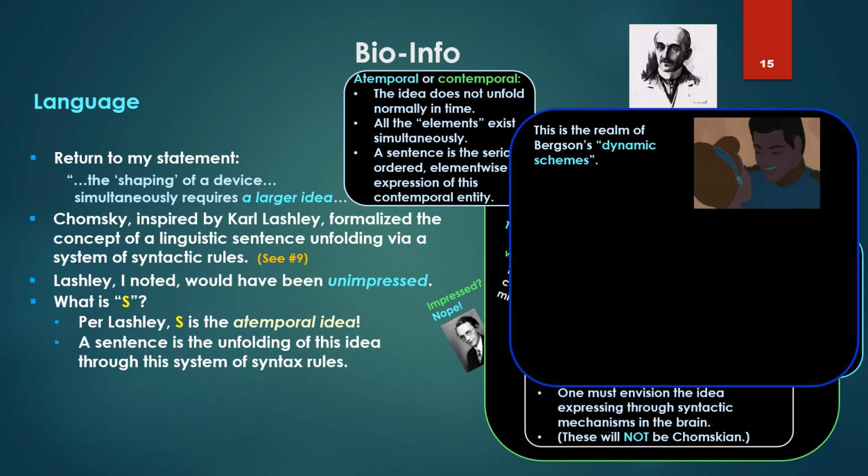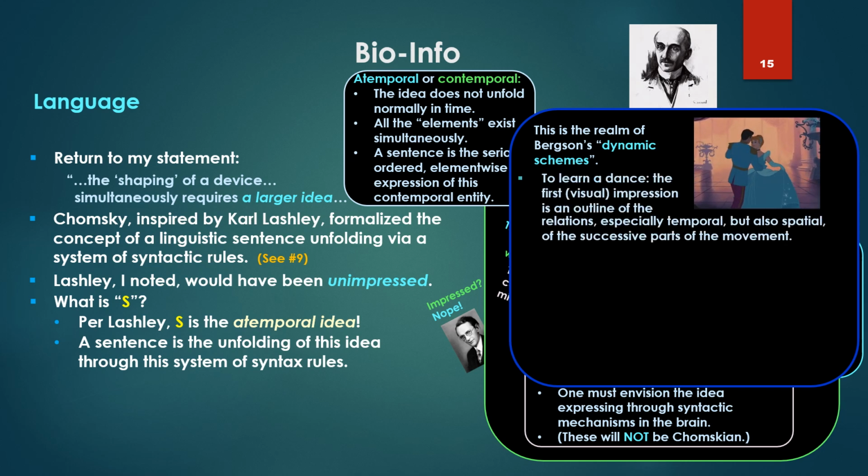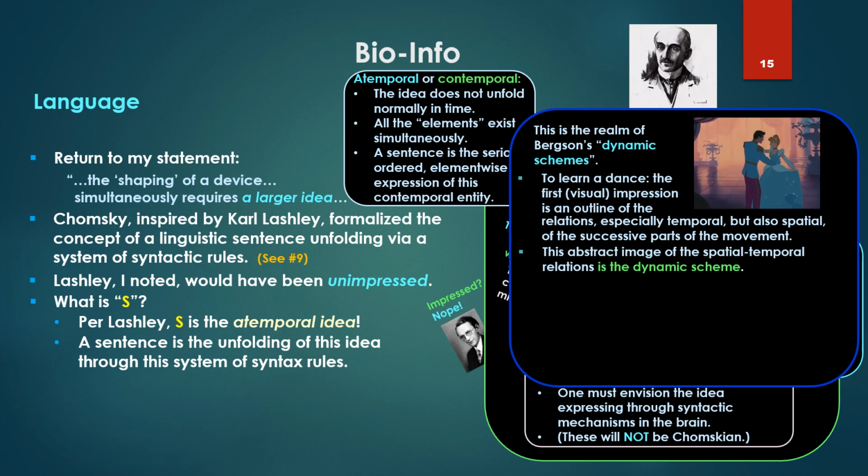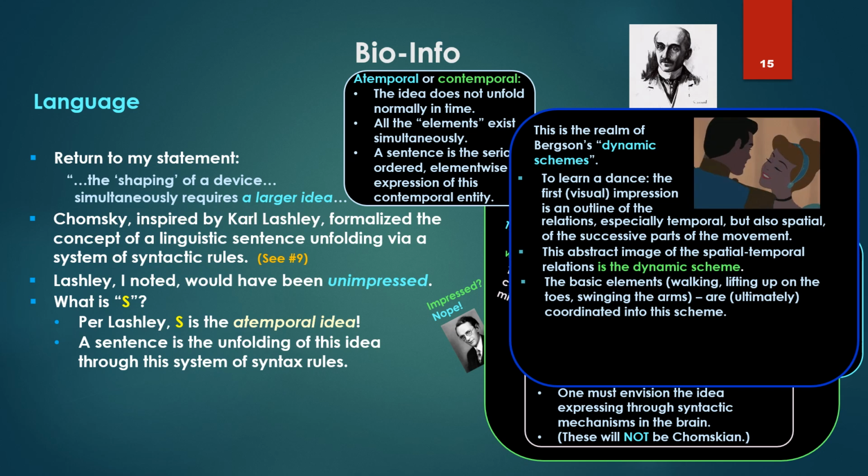Then to note, this is the realm of Bergson's dynamic schemes, this S. To learn a dance, remember, the visual impression is an outline of the relations, especially temporal, but also spatial, of the successive parts of the movement. This abstract image of the spatial temporal relations is the dynamic scheme. And the basic elements, walking, lifting up on the toes, swinging the arms, are ultimately coordinated into this scheme.